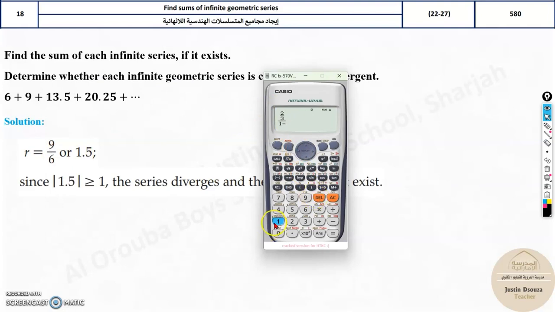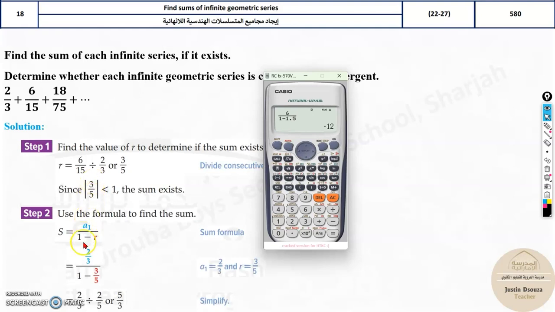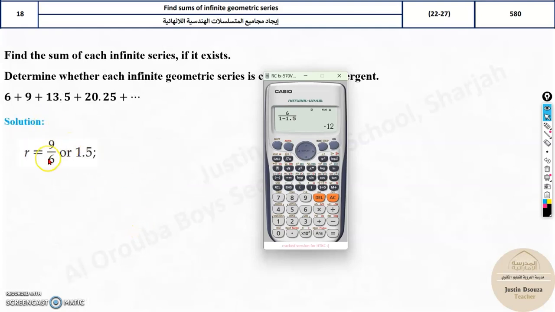The formula is the same, A1 divided by 1 minus R. The R value was 1.5 and A1 is 6. Is this correct? No, it's wrong. This doesn't make sense. Why? Because the R value was more than 1.